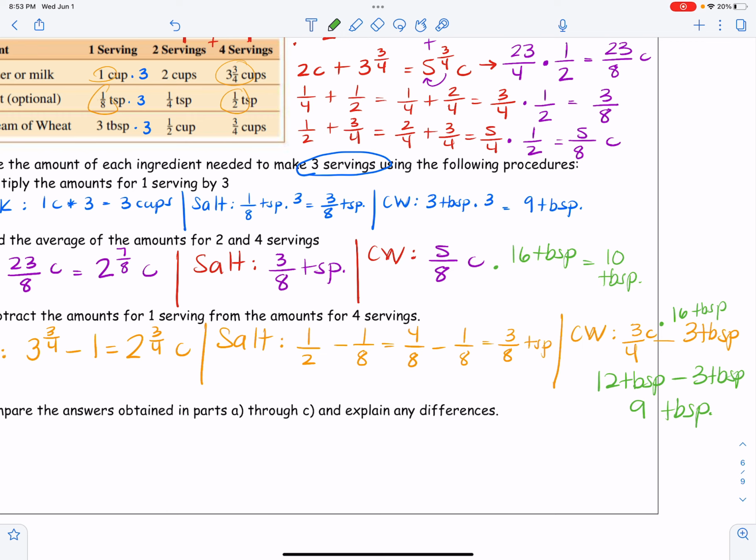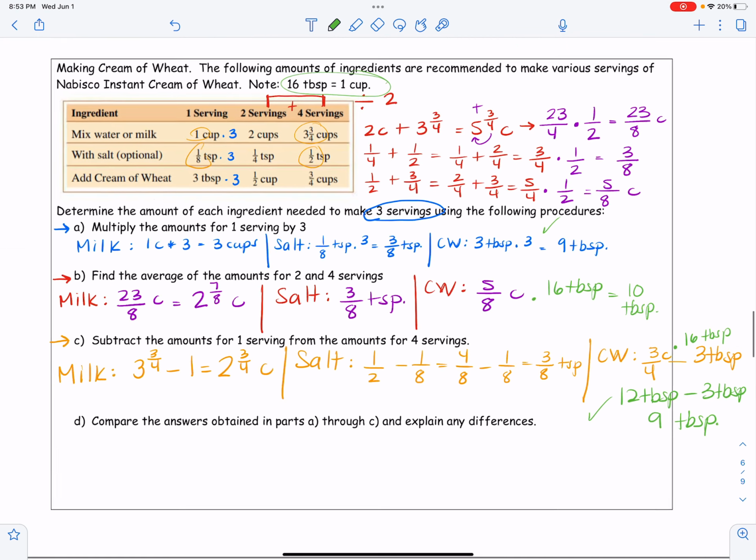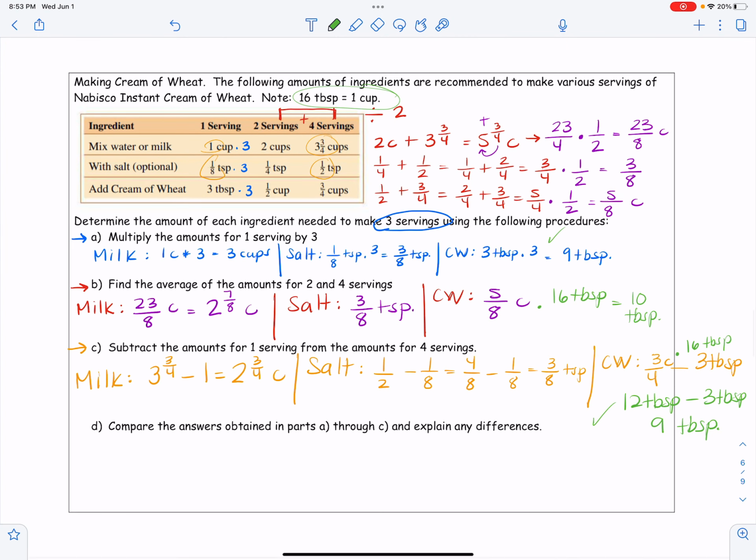So notice that came out the same for part A and C, but it was slightly different when we took the average for 2 and 4. All right, so this is one of those cases where there are different ways that you can work, and most of the time, they're going to get you to the same place. This is a case where that didn't exactly happen.